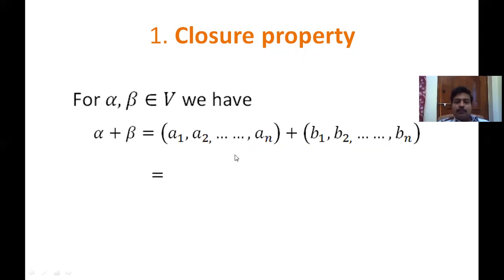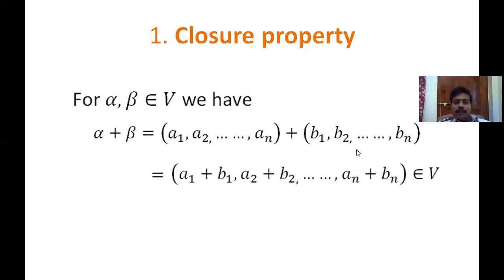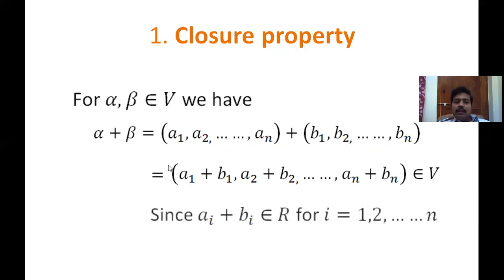So by adding these two as per our definition, we will get A1 plus B1, A2 plus B2 and so on, An plus Bn. So this belongs to V, V is our Rn, since each Ai plus Bi is a real number. Here A1, A2 and so on An are real numbers, B1, B2 and so on Bn are real numbers. By adding two real numbers, you will get another real number.